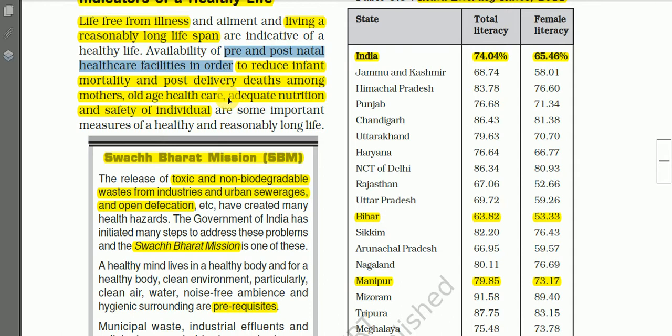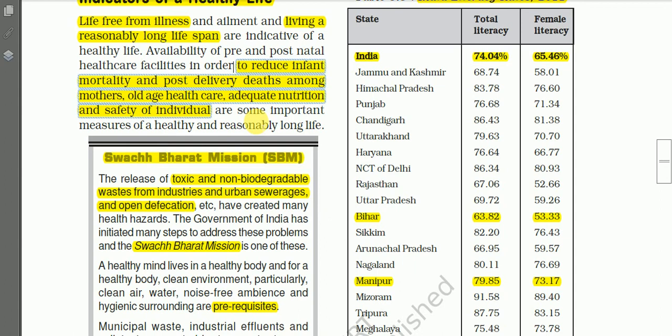Pre means before, post means after, natal healthcare is related with the birth of the children. To reduce the infant mortality rate, to reduce the death of the infants, and to reduce the post-delivery deaths among the mothers. Sometimes after the birth of the child, the mother may die. So to reduce the death of the mother, we must have good healthcare facilities.